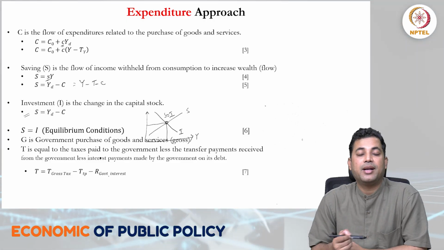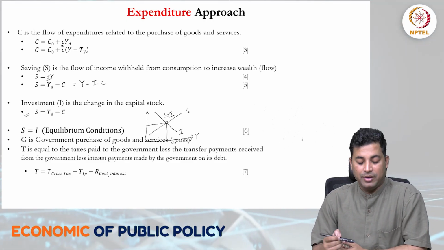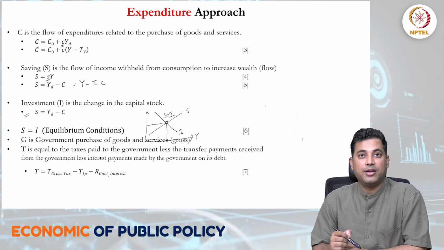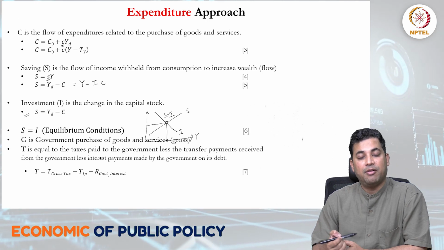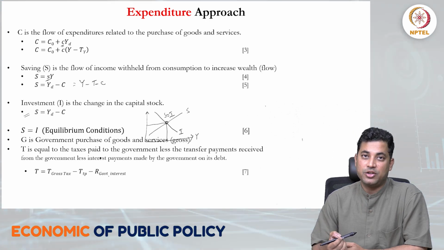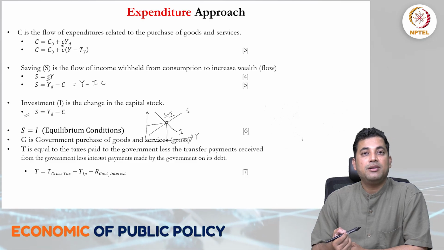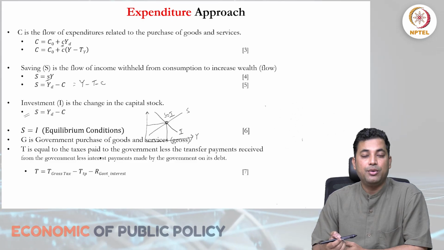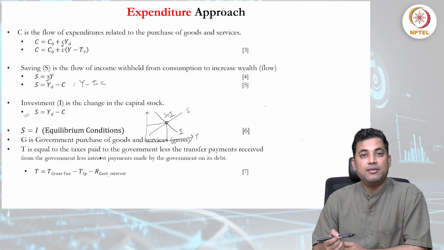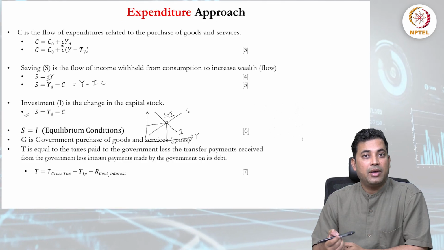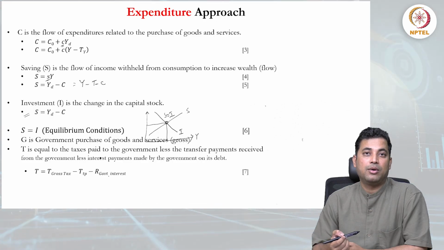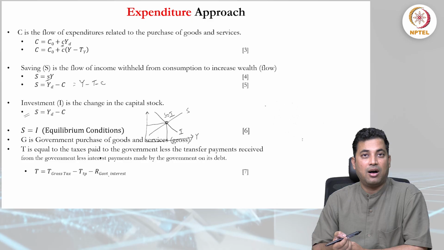If you recollect our circular flow in our previous lecture, we put the government and also financial institutions between firms and households, and we know how the government intervenes in the firm and how it is connected to the households.